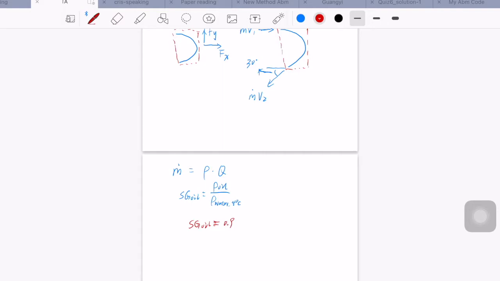When the water temperature is 4 degrees Celsius, rho water is equal to 1,000 kilograms per cubic meter. And then we can determine that rho oil is equal to 900 kilograms per cubic meter.